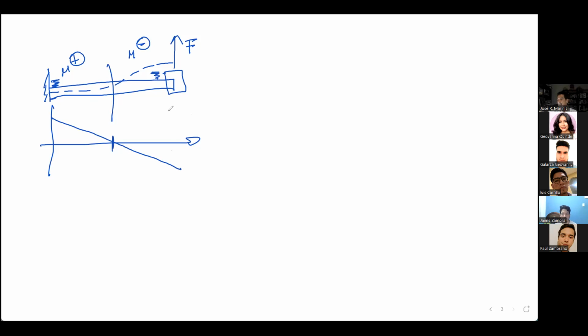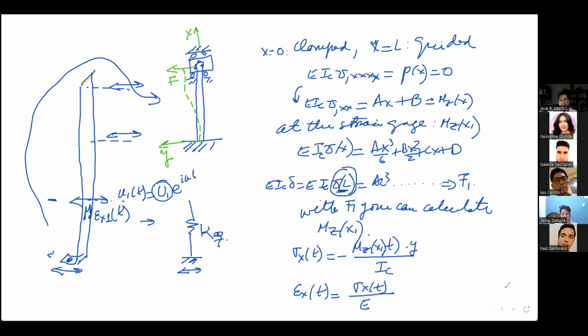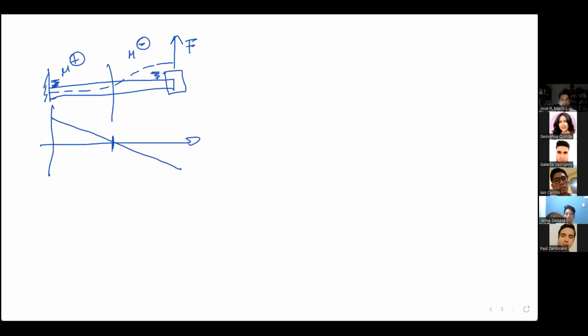Questions, people? Yes, doctor, I have a question. In assignment number 1, we calculated the amplitudes, right? And now you tell us that we have to compare the strain. Yeah, but as I said before, this is the amplitude that you calculated, which is this motion. In this case, it's going to be your U1.